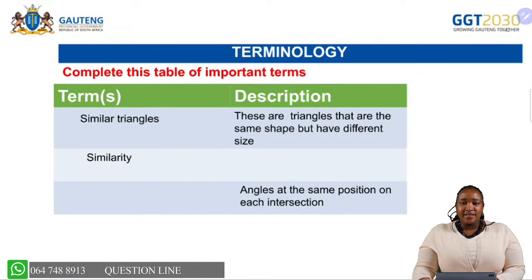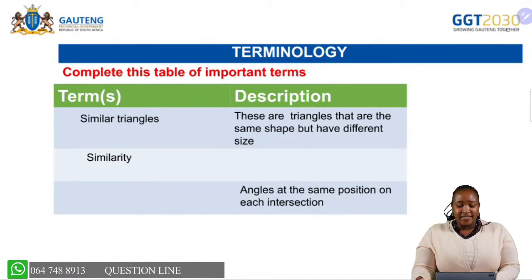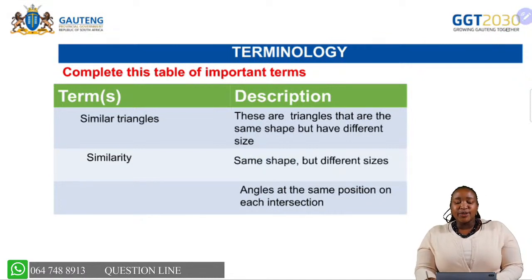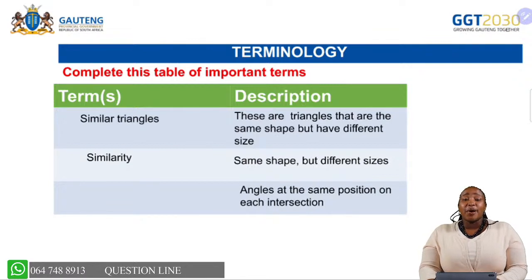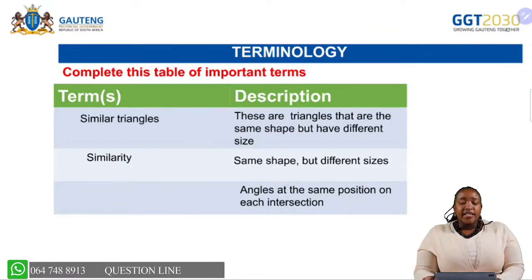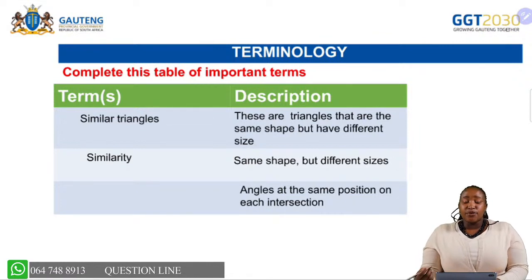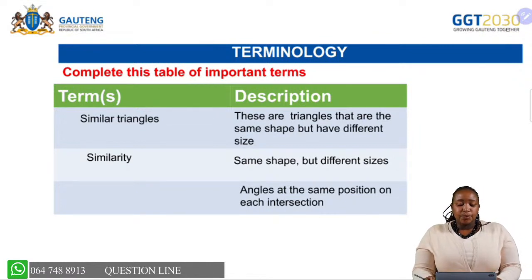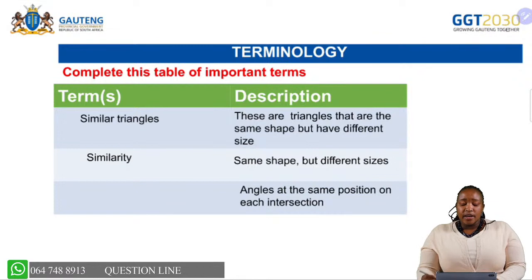All right, somebody has an answer? I trust you were able to give it because we've just done this in our baseline assessment. Similarity means that they have the same shape but they have different sizes. This particular description we've seen in our geometry of lines as well.